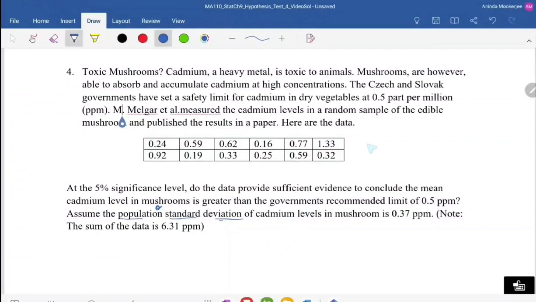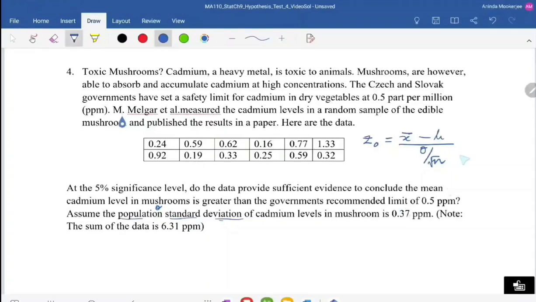Now, the z-test procedure formula for the test statistic is z sub 0 equals x bar minus mu over sigma divided by square root of n, correct?